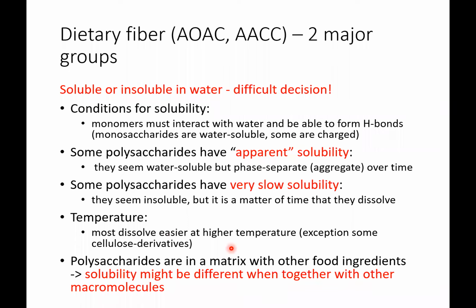Most dissolve easier in high temperature, but there are some cellulose derivatives where it is the opposite. Now, what is really a big issue is you cannot see polysaccharides separately in terms of food. In food, polysaccharides are together with other polymers or macromolecules, let's put it that way, like proteins, for example. And they might behave differently if they are together with other macromolecules.